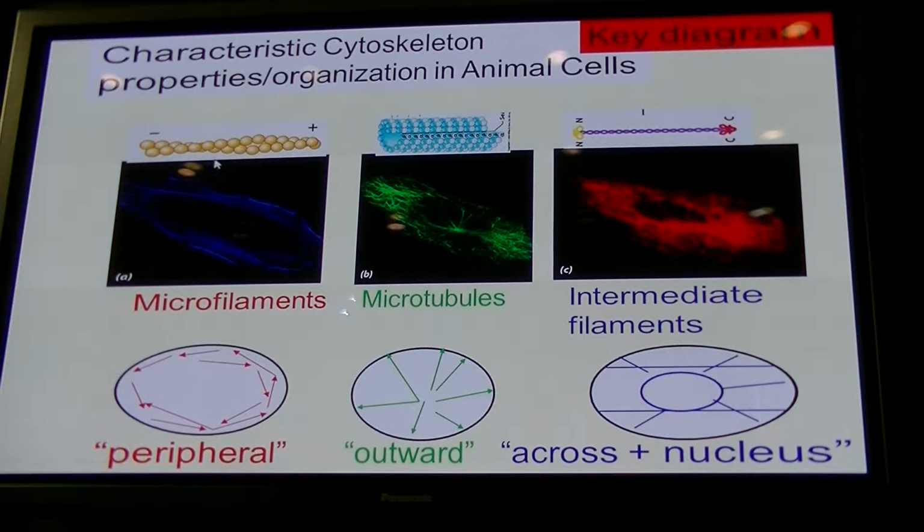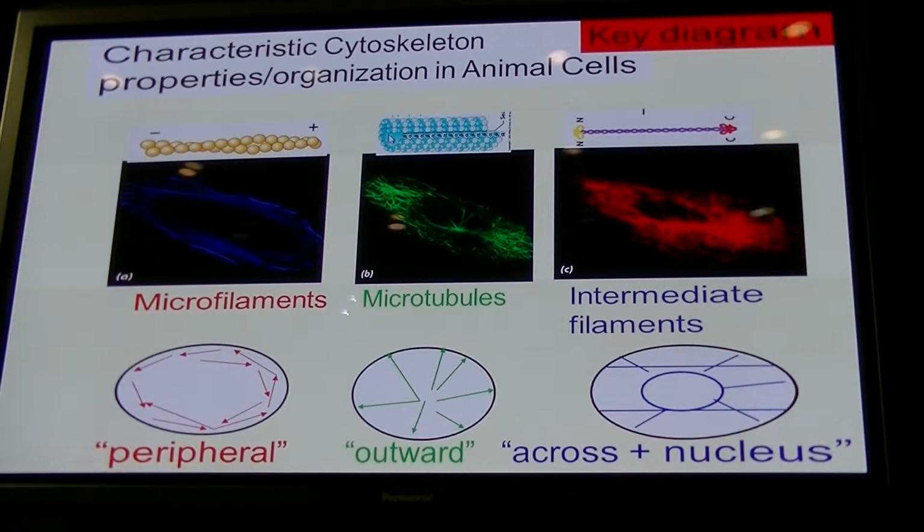If we look at a fluorescent micrograph of a typical eukaryotic animal cell, you see a lot of the microfilaments are in the periphery, underlying the cell surface. For the microtubules, which are hollow tubes, you see that they tend to run out from a central point to the periphery.